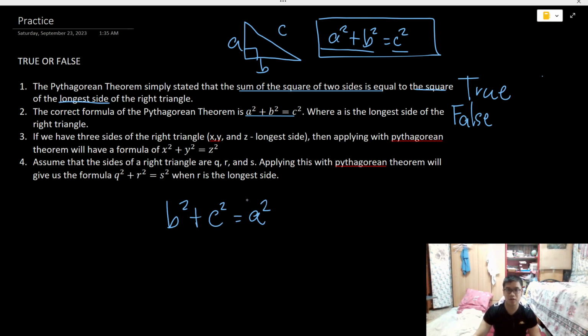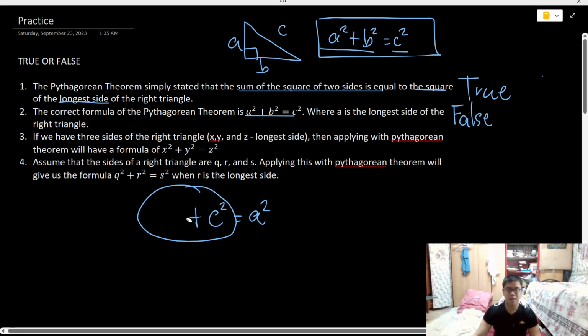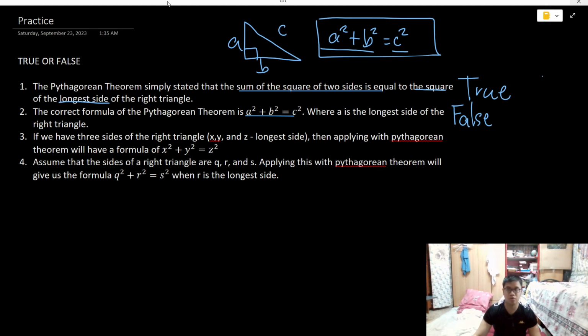Because if A is the longest side, A shall be left alone on one side of the equation, while the rest shall be combined. So the answer is false. We can actually represent Pythagorean theorem in any letters, just like how I discussed it to you last time.